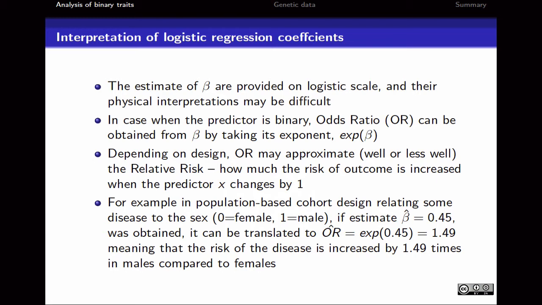And we're saying that was a population-based cohort design, so we could translate this to a relative risk estimate, saying that the risk of the disease is increased by 1.49 times in males compared to females. If we had coded males as 0 and females as 1 and obtained the same estimates, we would say that the risk is increased by 1.49 in females compared to males.